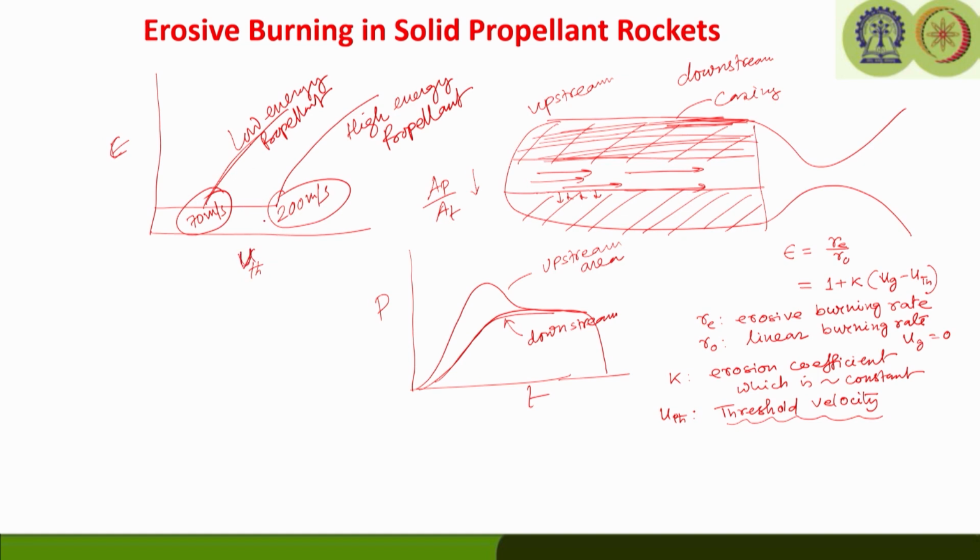So, the erosive burning is going to be less susceptible for high energy propellant compared to the low energy propellant. That part I think we have discussed, and we have said that the effect of erosive burning is going to cause some large variation in the performance of the rocket, and we need to take due care while designing the solid propellant rocket.